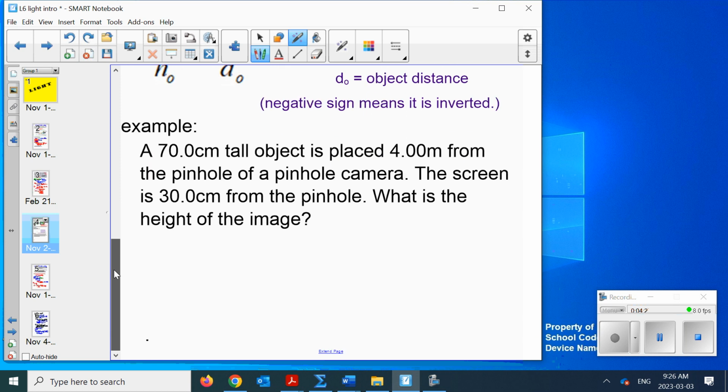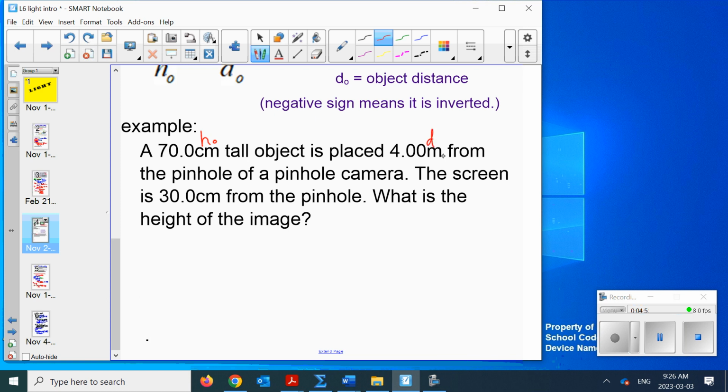Now, the calculations are pretty easy. We're going to just try this. A 70-centimeter tall object. That's the height of the object. It's placed 4 meters from a pinhole.